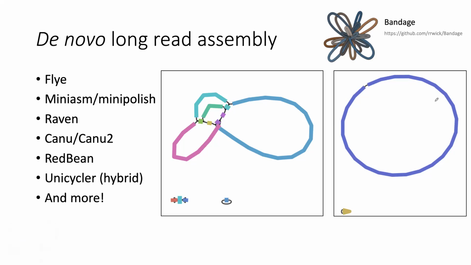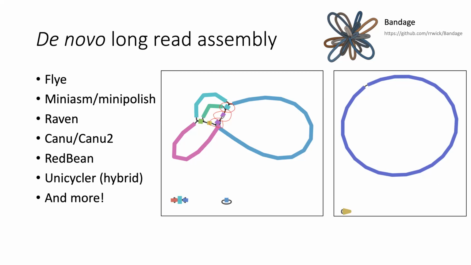And if you have repetitive regions like this one and this one and this one, and you don't have long reads that span that repetitive region, then there's confusion in the final assembly as to where the contigs meet up. And so instead of a beautiful circle, the one on the right is what you want, the one on the left can still happen when your reads don't span your problematic region.